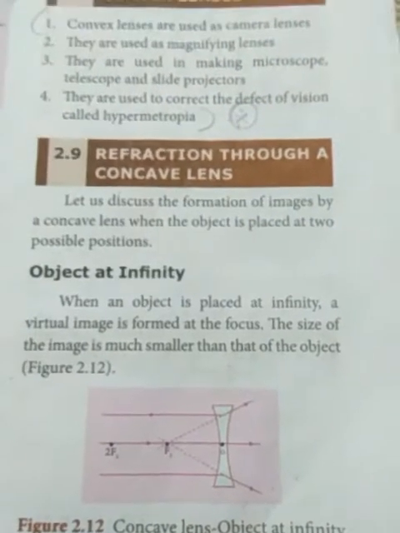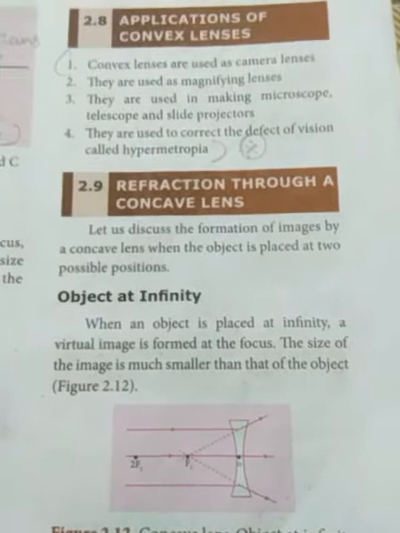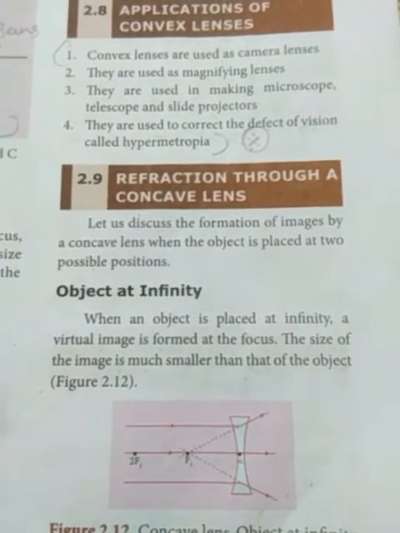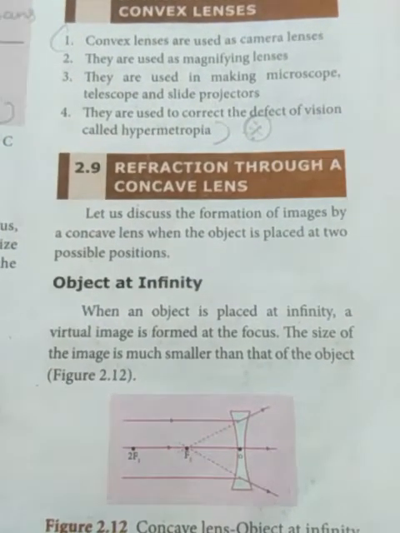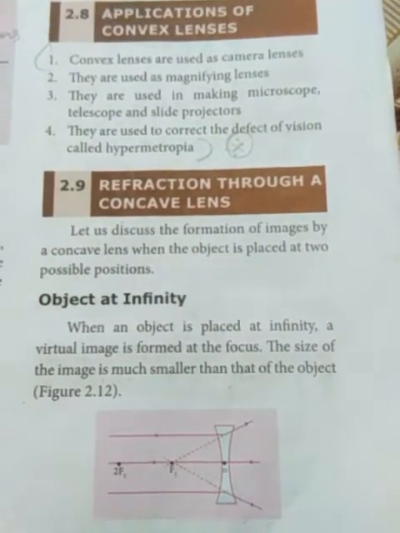Next, you see one picture. I kept one concave lens, and from the center point I drew a line parallel to the axis. I kept the object at infinite distance.